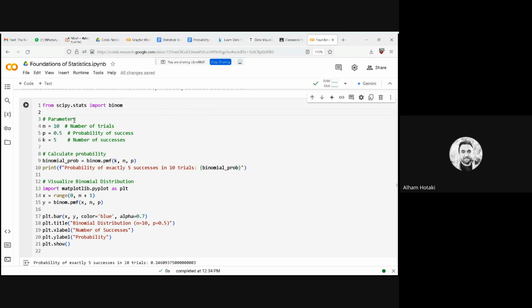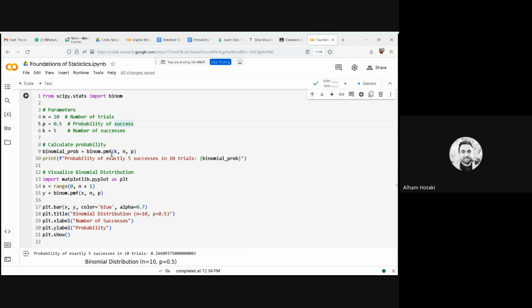For example, if we have the number of trials, 10 times we flip a coin, the probability of success for each flip is 0.5. Whenever you're flipping a coin, either it's head or it's not. So it's 50-50. And the number of successes means from 10 flips, 5 times it got heads.